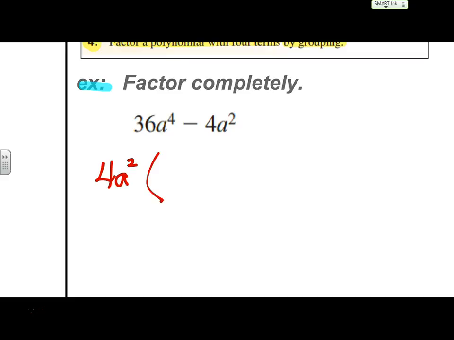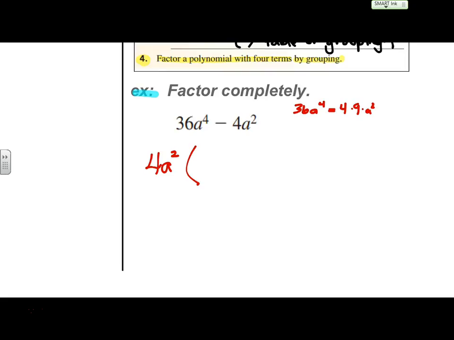If you need to, you can think of 36 a to the 4th as 4 times 9 times a squared. Well, you could do a squared if you want to be super snazzy. Or you could just say a times a times a times a times a. 4a squared is going to be 4 times a times a. So we're going to take out those. My question is, what is left?